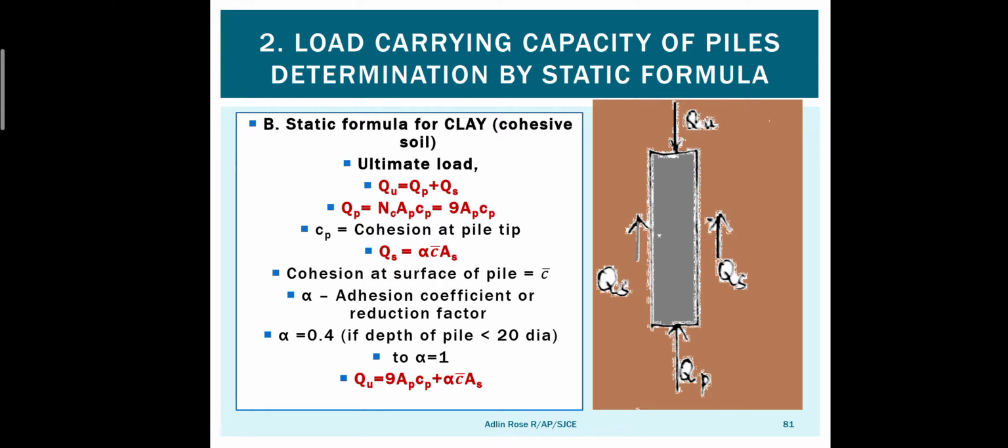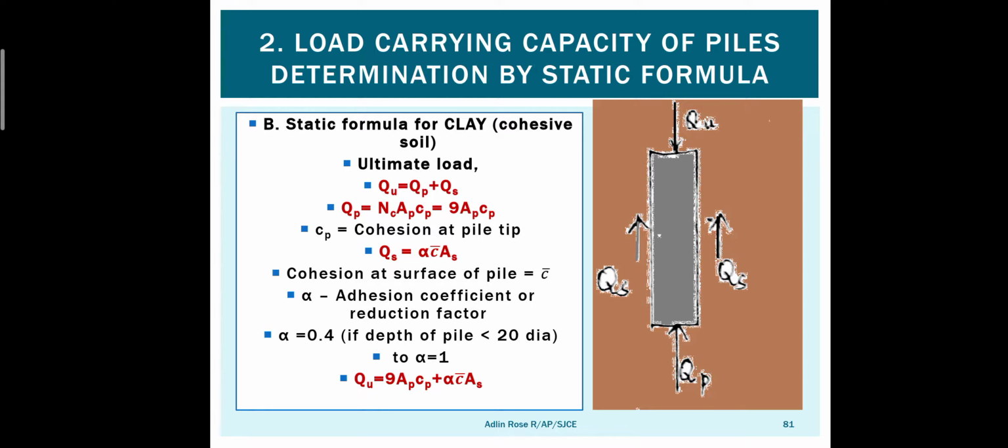So please memorize this formula alone. The last formula: QU is equal to 9 CPAP plus alpha C bar AS. AP is the cross-sectional area, AS is the perimeter area, CP is the cohesion at the tip of the pile, and C bar is the cohesion throughout the length of the pile.